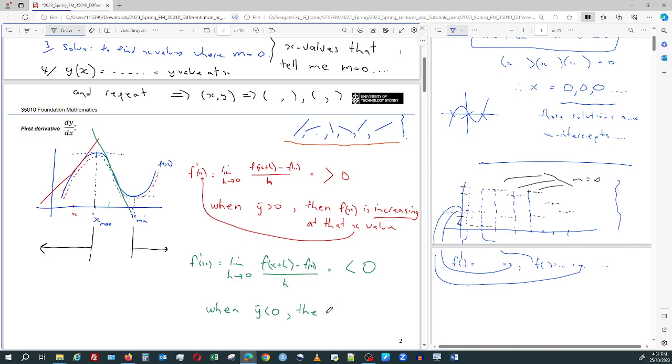in that particular location, the function is what? Decreasing at that value of x. So it's decreasing at that value of x, the particular value that we checked.